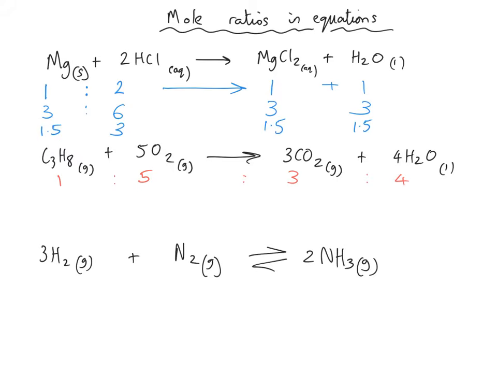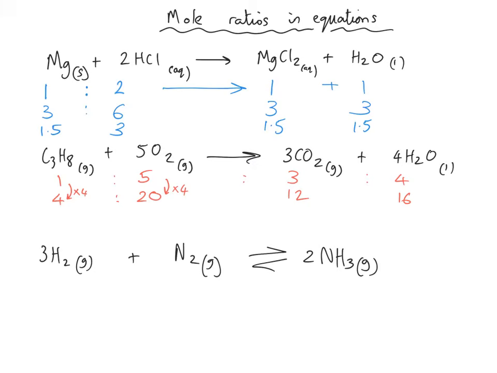So if we didn't have 1 mole but we had 4 moles of propane, then we know that the number of oxygen moles required will be 5 times as much as the moles of propane, which is going to give us 20 moles of oxygen, because the quantity here is 4 times bigger, and so the quantity here will be 4 times bigger. We've sort of scaled up our recipe by 4 times. And so we will therefore make 12 moles of carbon dioxide and 16 moles of water.